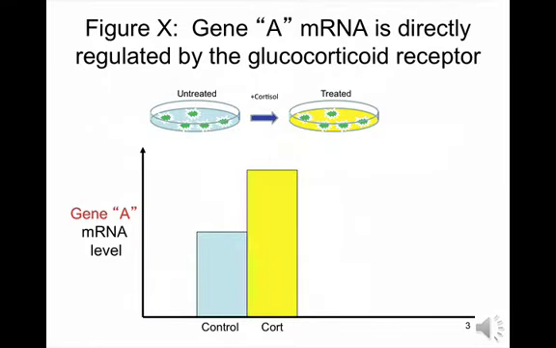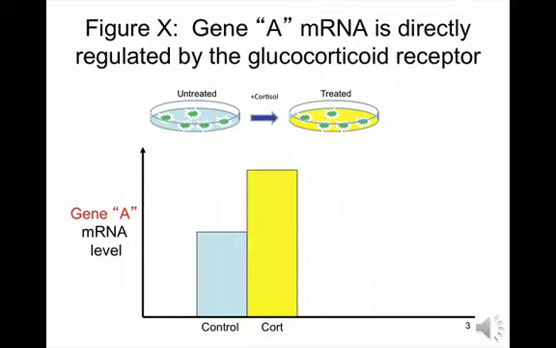So let's look at an example and think about this in the context of work in our own lab. So here's a very simple figure where I've diagrammed the experiment on top with some petri dishes and cells and a bar plot on the bottom. And the title of the figure is Figure X, Gene A mRNA is directly regulated by the glucocorticoid receptor.